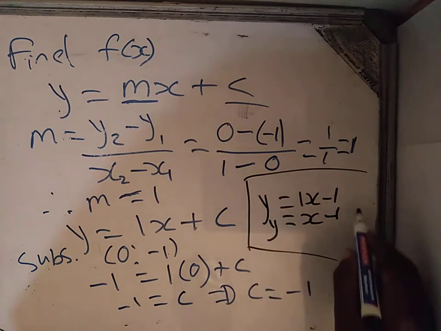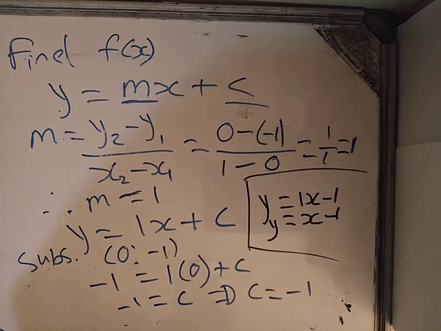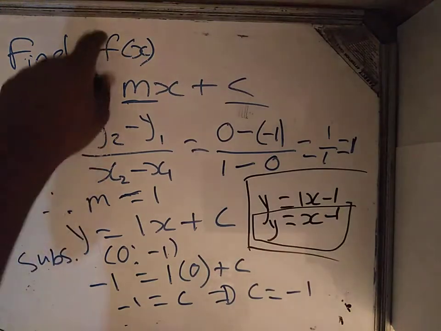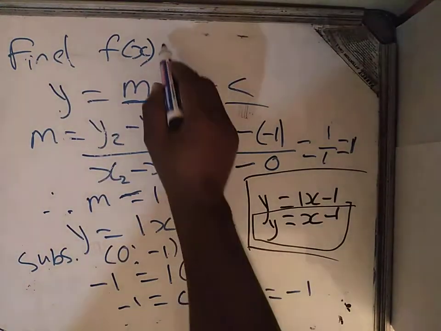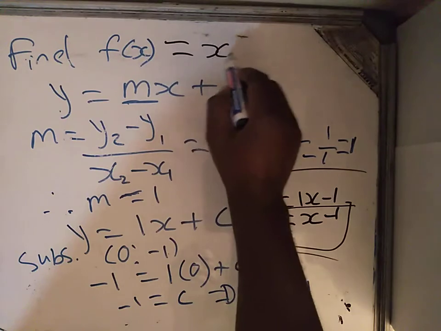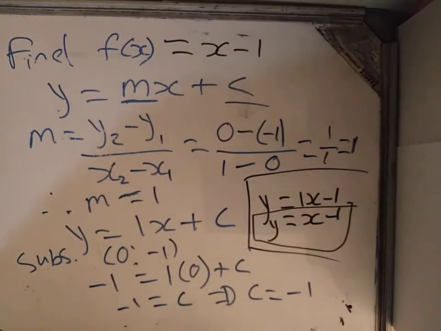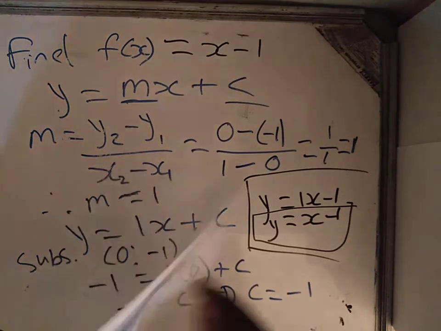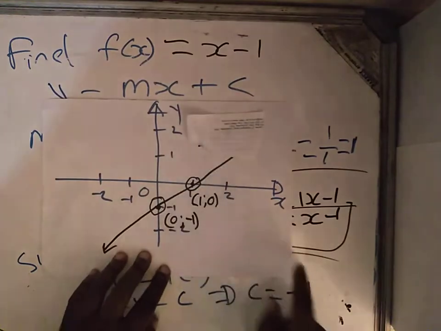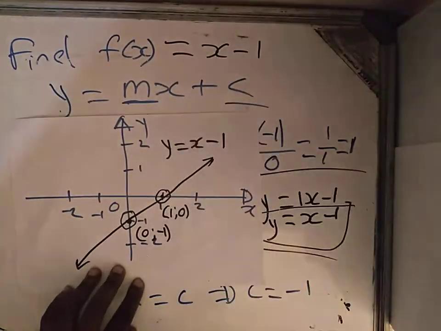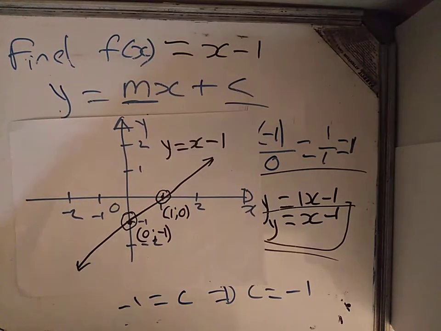So our overall function is, and obviously because we are supposed to find f of x, f of x is going to be x minus 1. F of x is equal to x minus 1 and y is equal to x minus 1. It's one and the same thing. And then I just want to look at if this is the same as what we have here. Ta-da! There we go. Can you see? Yes, it's the same.